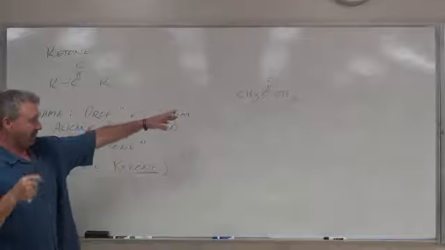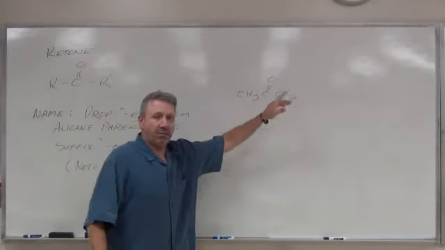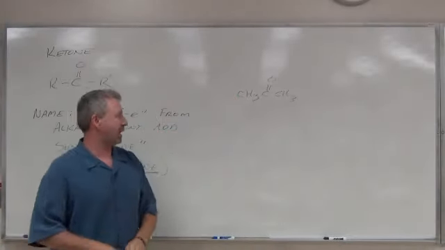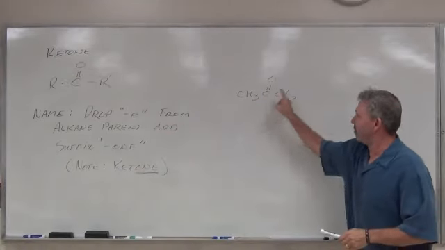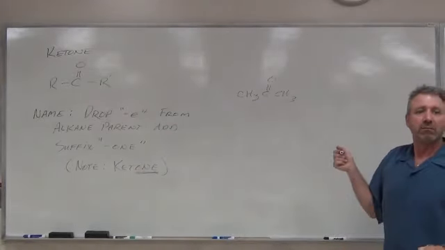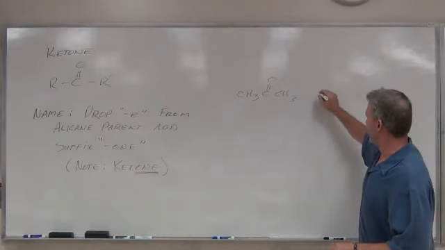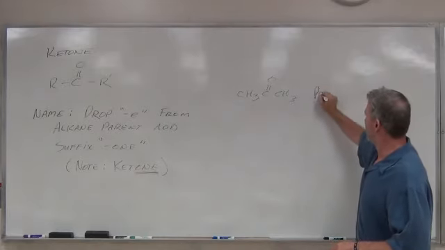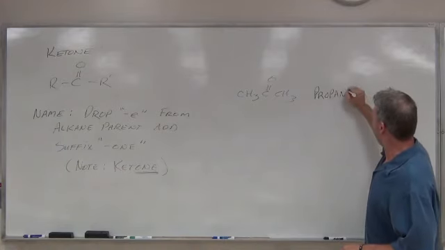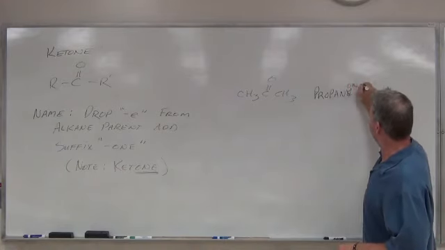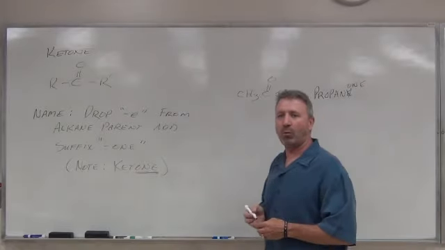So if you put methyls on both sides, 3 carbon is the first member of the ketone class. This would be called what? Drop the E. 1, 2, 3. What would it be? Propane, drop the E, add O-N-E, propanone.